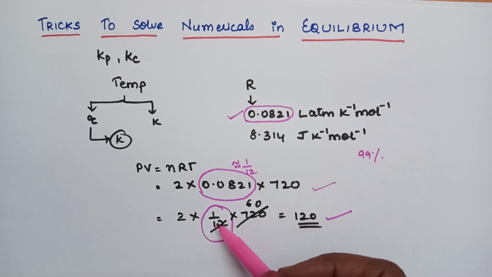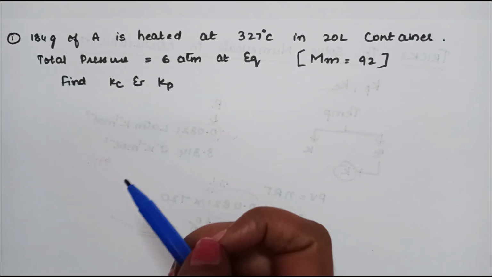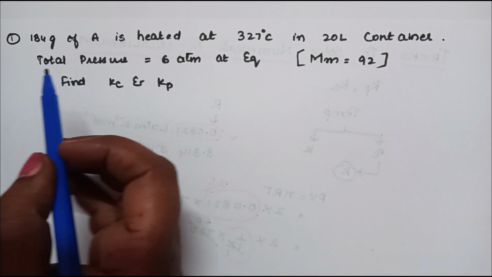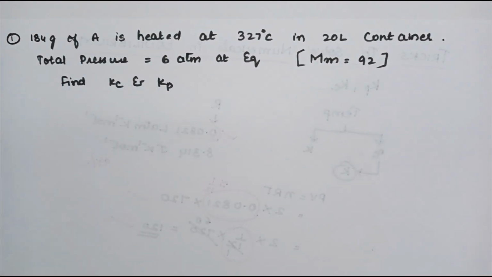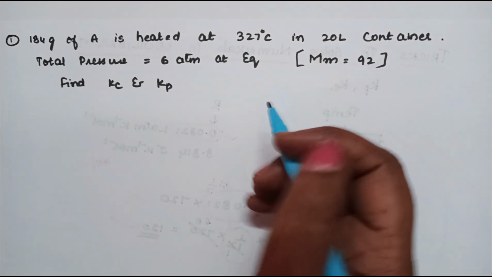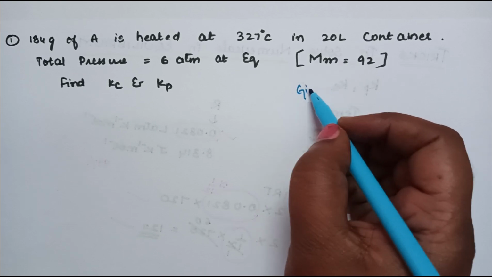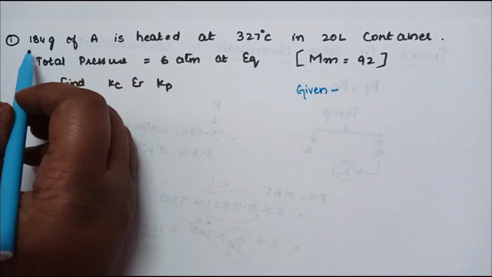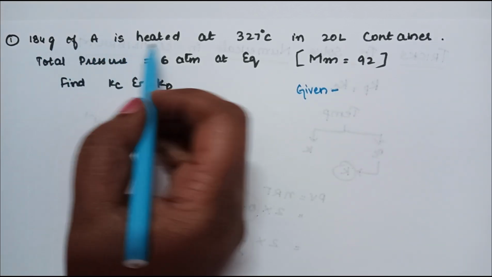I'll show you how to use this value in a problem also. Let us solve this numerical using the trick. First, write what is given in the question. 184 grams of A is heated.